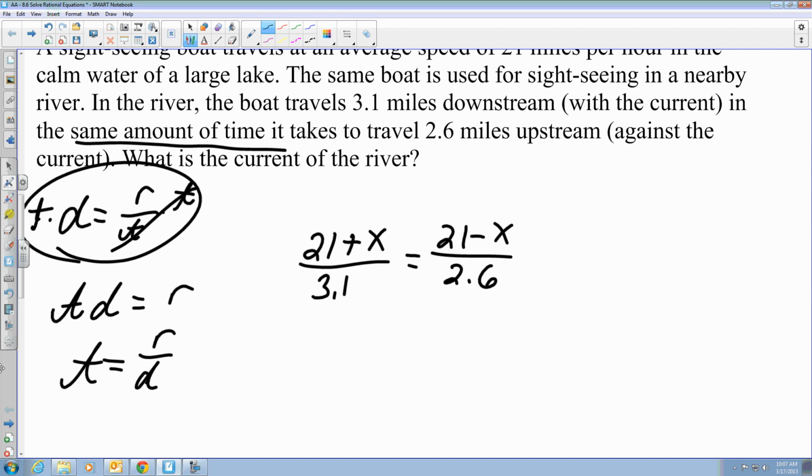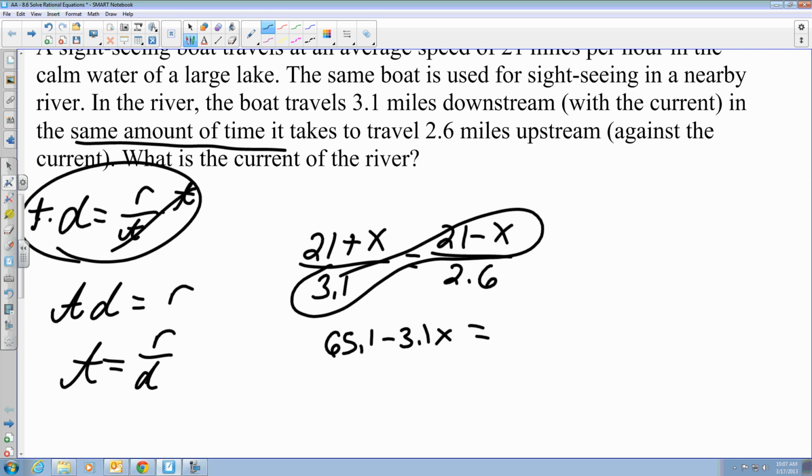So from here we can cross multiply. So I have 65.1 minus 3.1x, that's what I get right here, equals 54.6 plus 2.6x. So I'm going to get my constant values on the left-hand side.